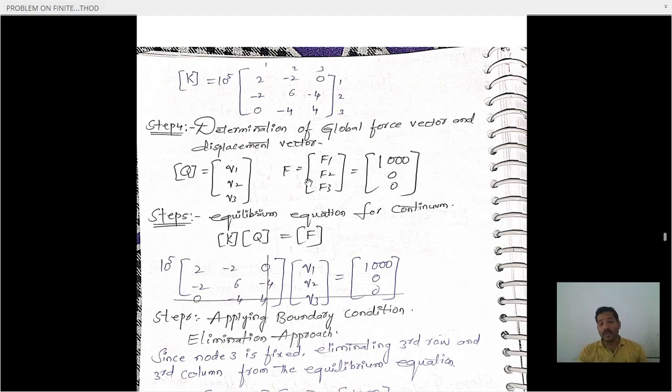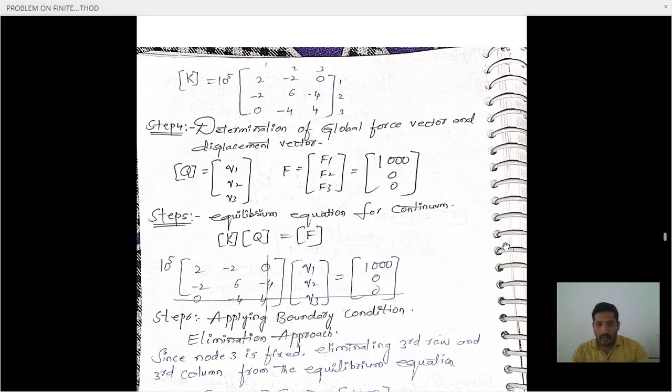F equals the nodal force: F1 acting at point 1 is 1000 Newton. F2 is at the fixed end, so it is considered as 0. At node 2 there is no force acting, so it is 0. At the 3rd point there is no force acting, so again it is 0.